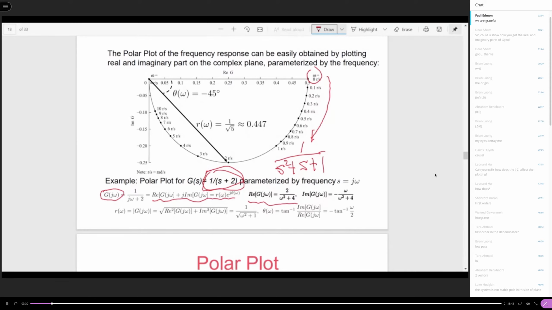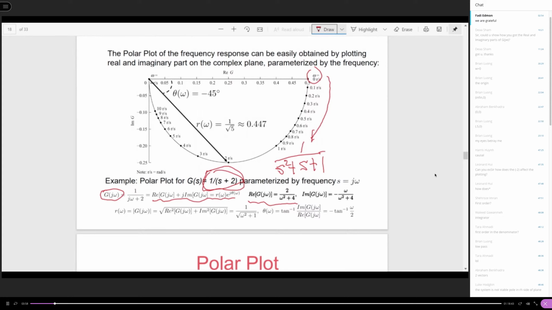Now this is one way to draw the polar plot, but did you notice that this way you got a semicircle, and this corresponds to omega from 0 to infinity, right? Oh, by the way, once again, let me emphasize it. In this plot, the omega is not explicitly plotted.